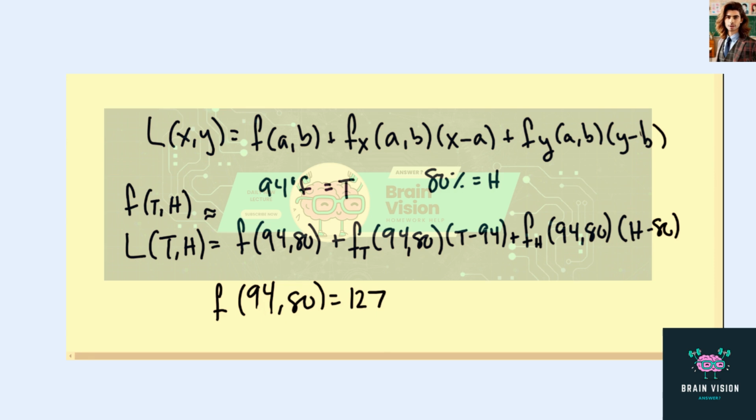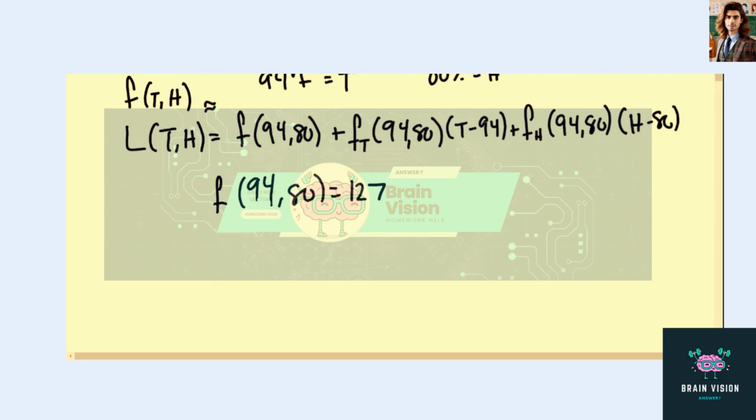So we're going to find the partial derivative with respect to the temperature by fixing h equals 80 and observing the variation of f with respect to t along that fixed value.